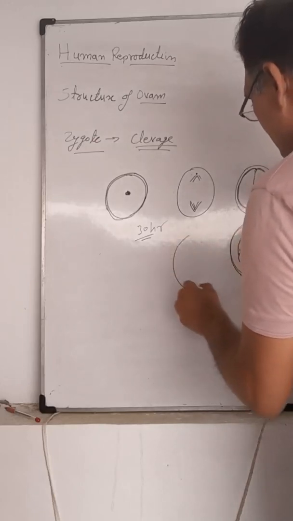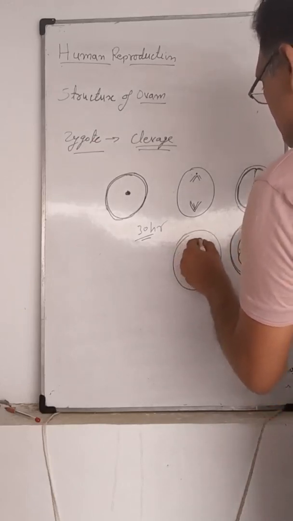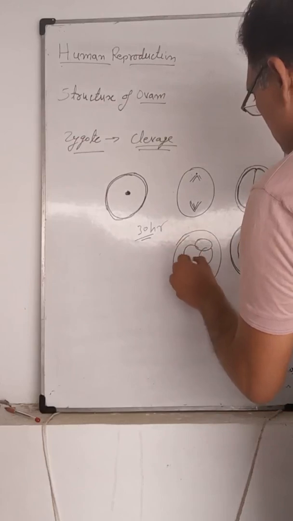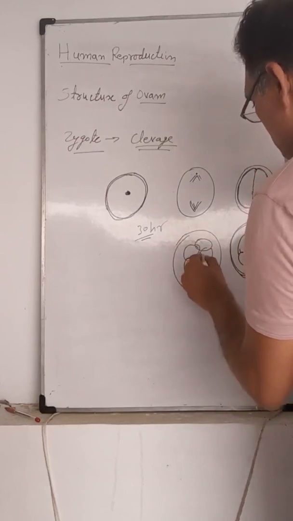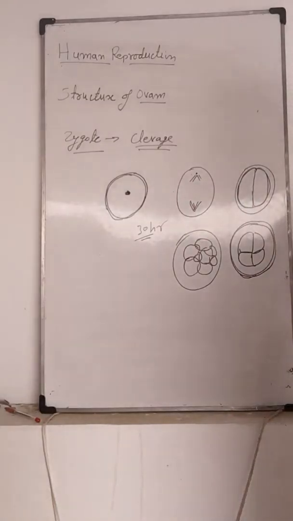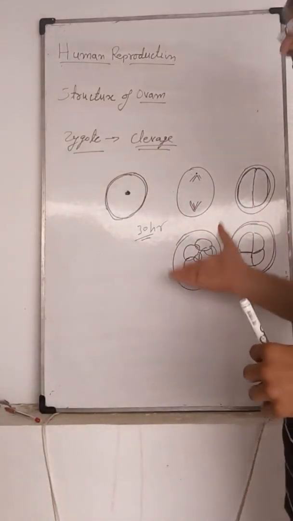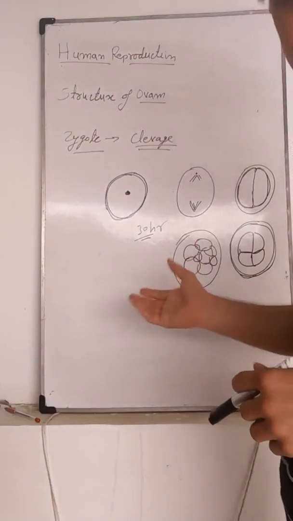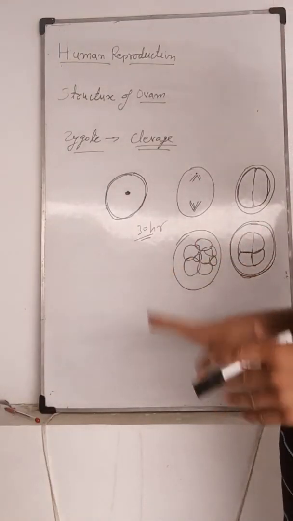Then the next division forms eight cells. These cells are known as blastomeres, and this is the morula stage.